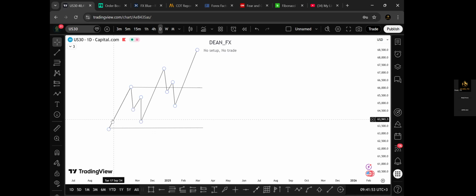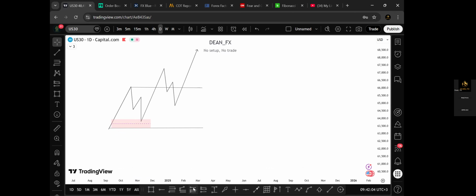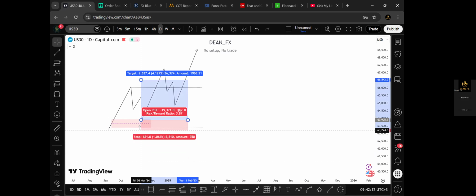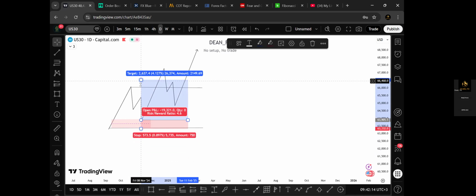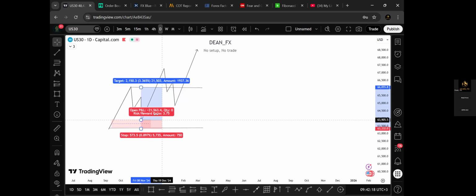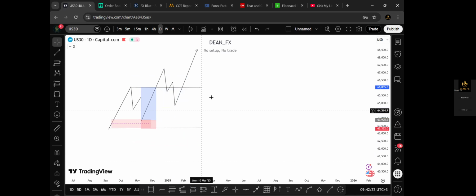You just find a zone, for example a supply zone here, that the market is interested in coming to. Then when price reaches the zone, you find a very good entry confirmation. You take the buy, target the previous high, which you still make money.